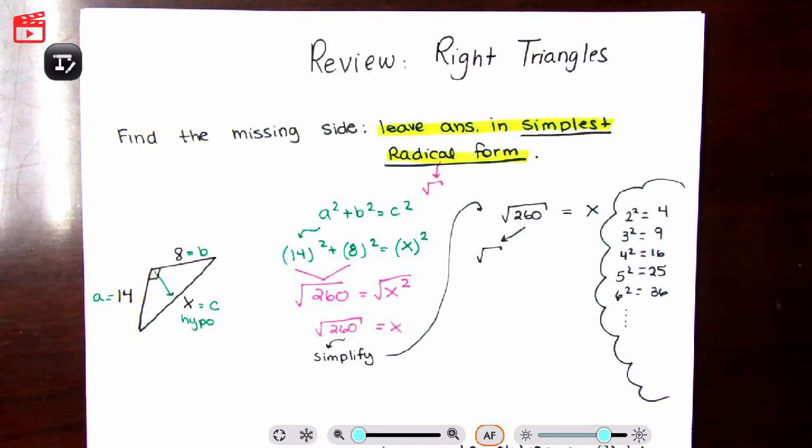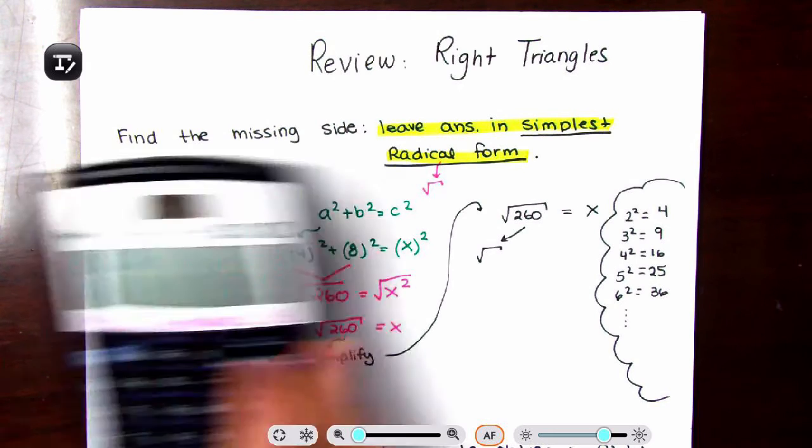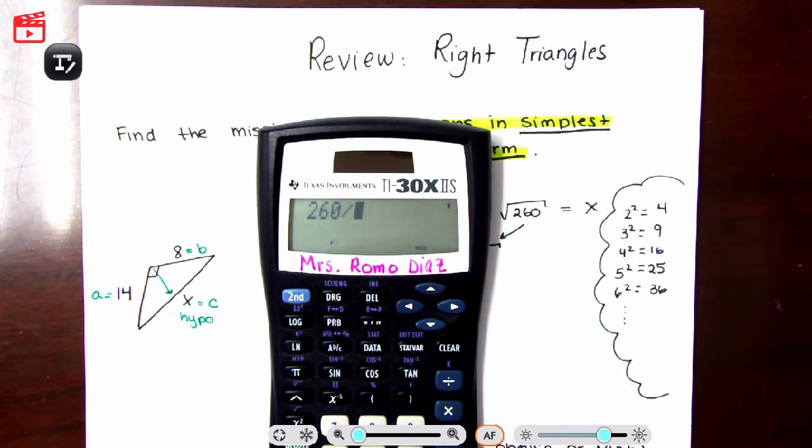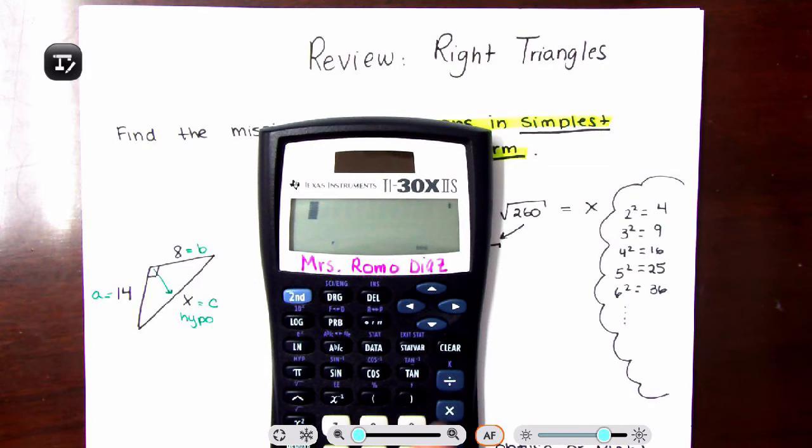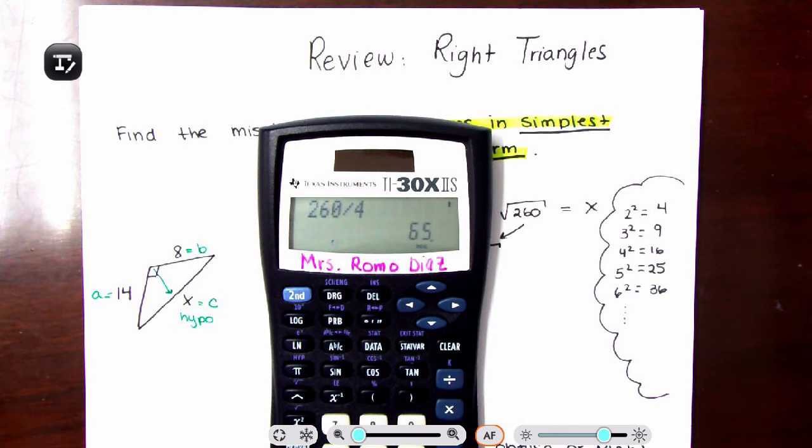So we're checking 260 divided by 36. That is an icky number. Then we're doing 260 divided by 25. Still icky. I mean, it's prettier, but it's not a whole number. Then we have 260 divided by 9. That's icky. 260 divided by 4 is 65.